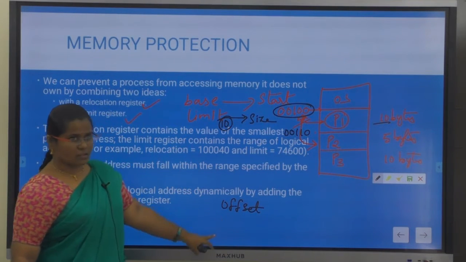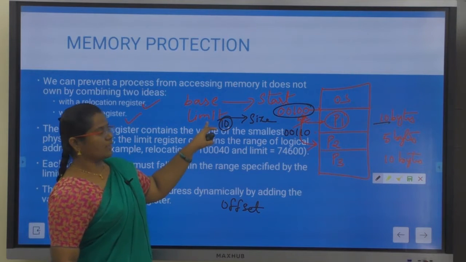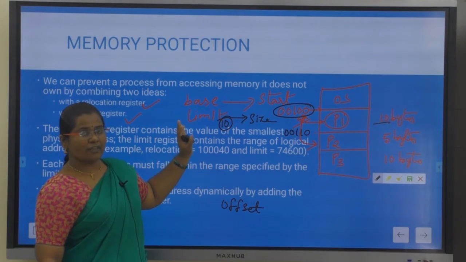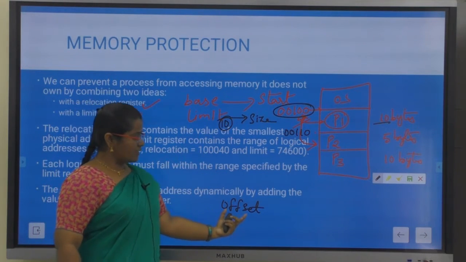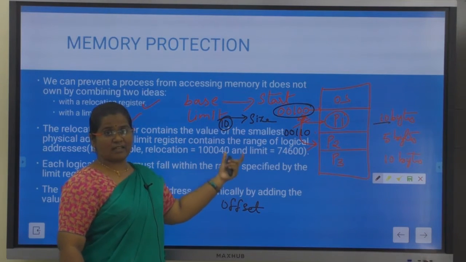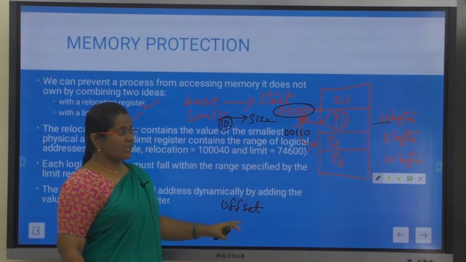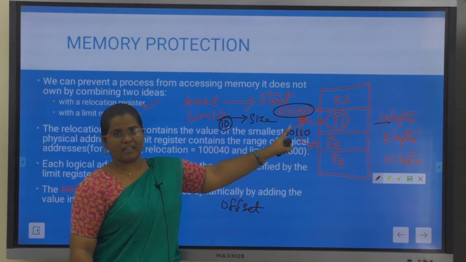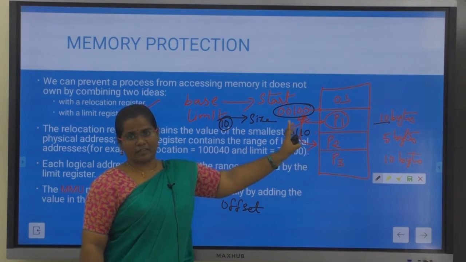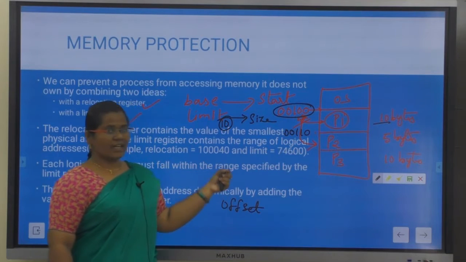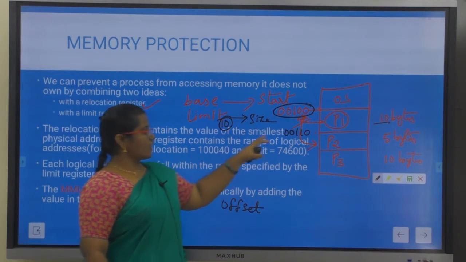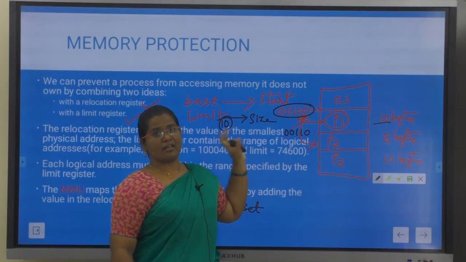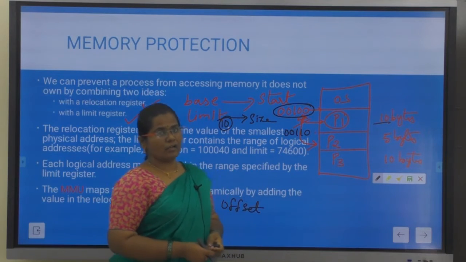So I will take this offset and compare it with the limit register. If the offset is less than the limit register, then I can say that you are trying to access a memory that is given for that particular process. If the offset is greater than your limit, then you are trying to access an unauthorized memory location.